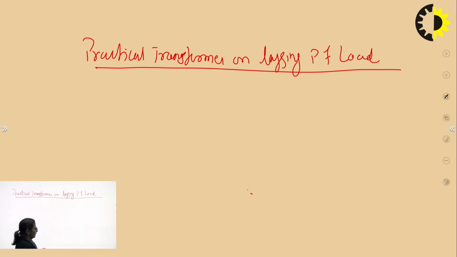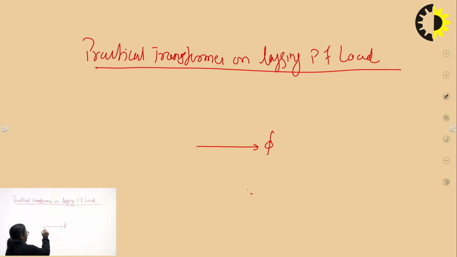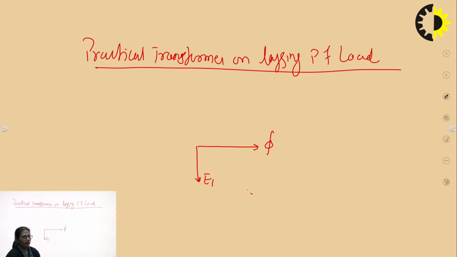So once again, starting with the very first phasor, the reference phasor, flux, we know this, then the induced EMF E1. Now can I say that V1 would be equal to minus of E1? Now it is not an ideal transformer, neither is the winding resistance zero. Now the transformer has winding resistance as well as leakage reactance, so we will have voltage drops.